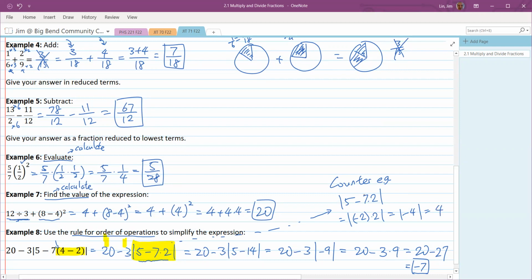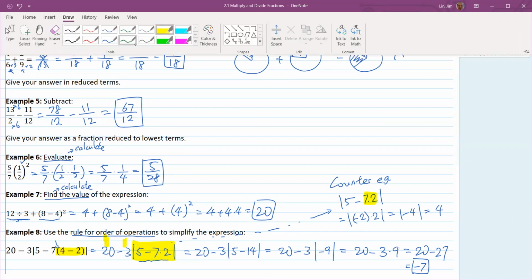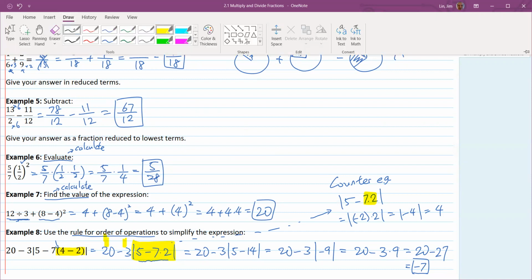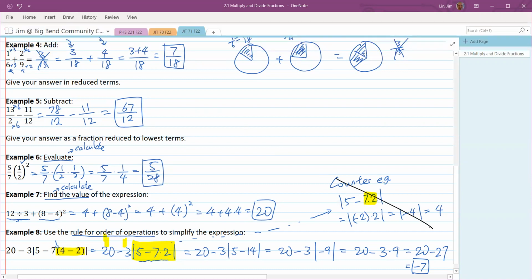So remember, multiplication comes first, and then addition and subtraction come next. Make sure you practice more problems like that, and a counterexample clearly shows you the difference.